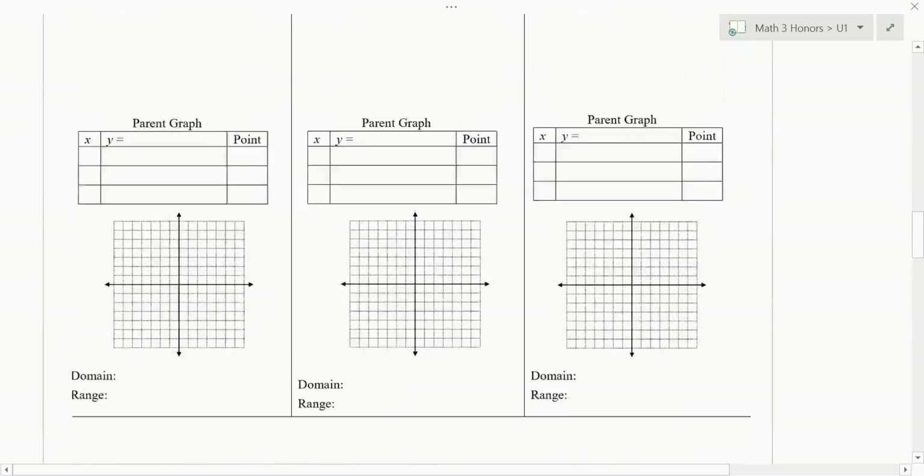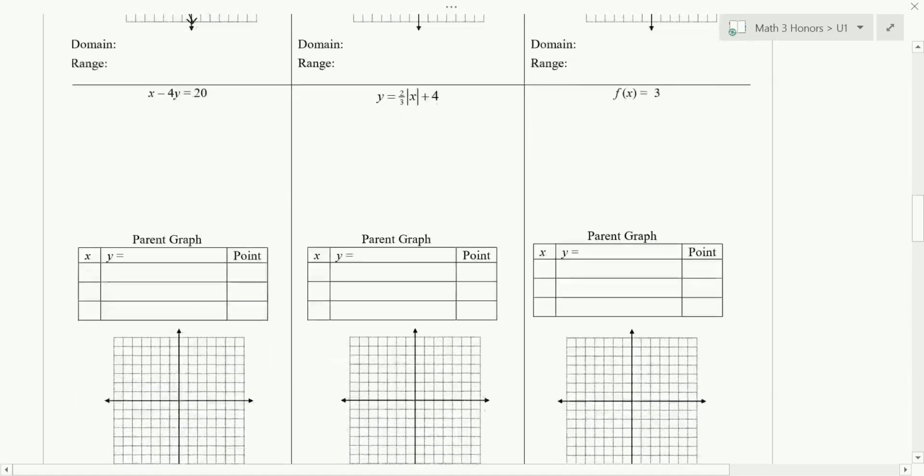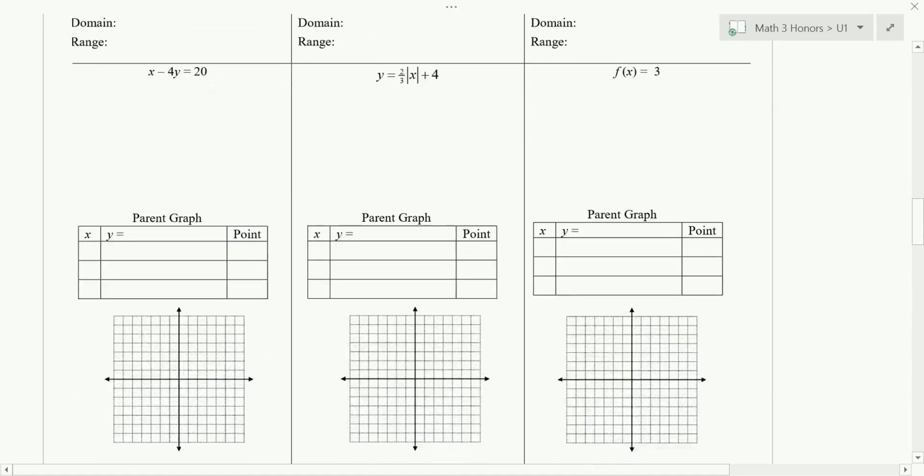So we do need to talk about domain and range, but let's do the graphing part first. We're almost all paired up. We've got an odd number here. So whoever you're sitting next to, I want you to decide one of you is going to be a 1, one's going to be a 2.